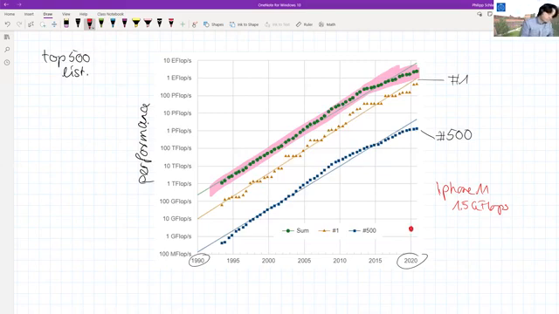And now, of course, the cool thing is, if you go back, you see here that in 1995, one iPhone would have been number 500 in the top 500 list. It would be the 500th fastest computer in the world. Just one iPhone.